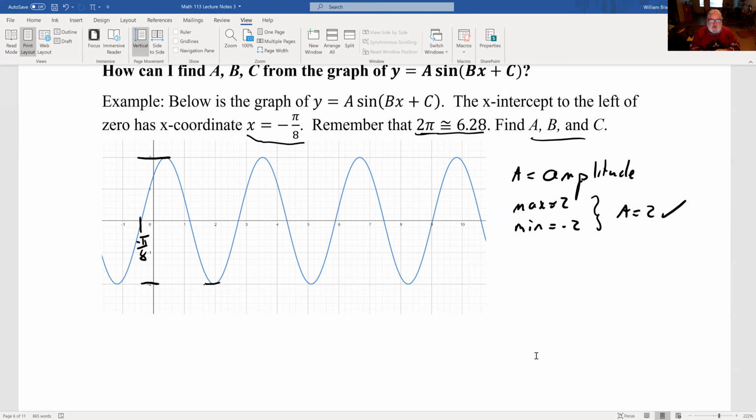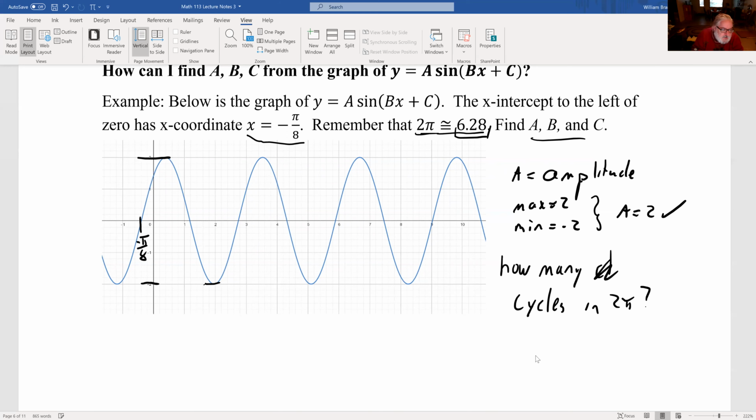But B and C are a little bit commingled because together they give you the phase shift. So if 2 pi is 6.28, how many cycles do we have in 2 pi?